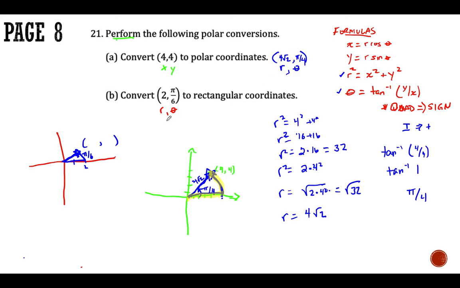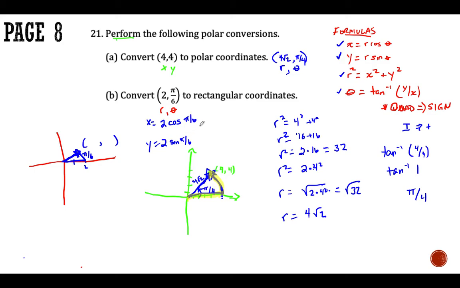So they've given me r and I need an x. There's a formula for x. So x is equal to the radius times the cosine of pi over 6. And y is equal to the radius times sine of pi over 6. This is why you thank your pre-cal teacher for all those speed trigs.